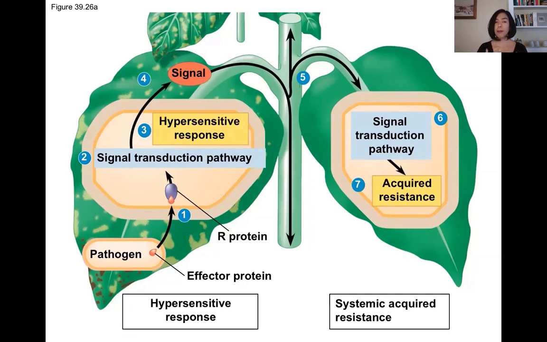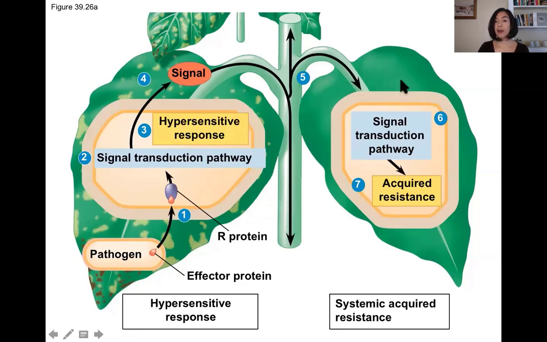The next thing that happens is that we'll have a release of a signal, and this signal is going to be carried around the plant, and that is going to be triggering the systemic acquired resistance. This systemic acquired resistance is going to allow the plant to respond even when the pathogen is far away.